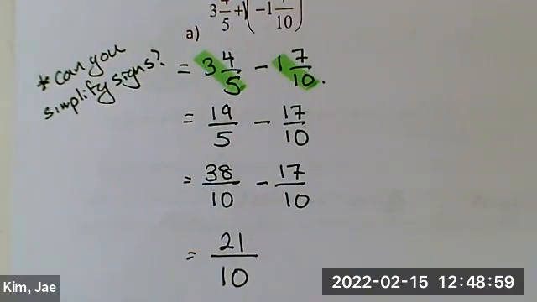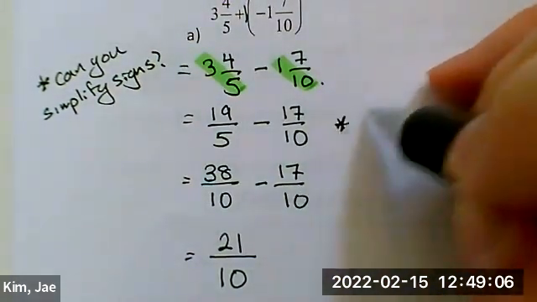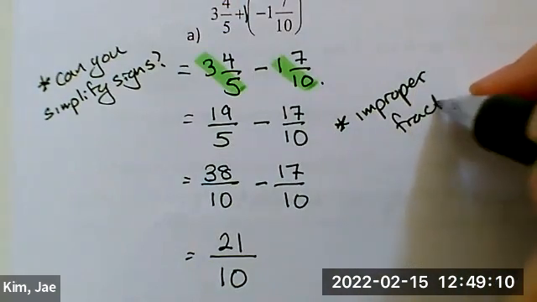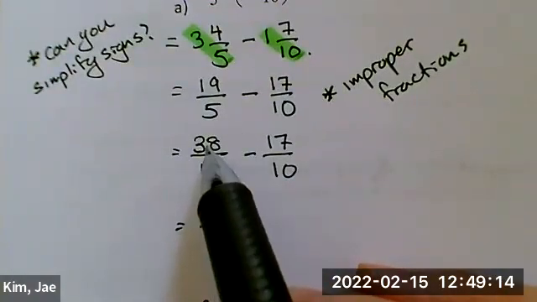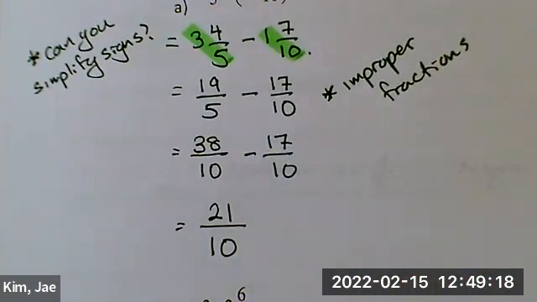So I'll put this thing here. Improper fractions. Is it negative or positive? It is going to be positive. The 38 has a larger number of pieces. You're taking away 17 pieces from it.